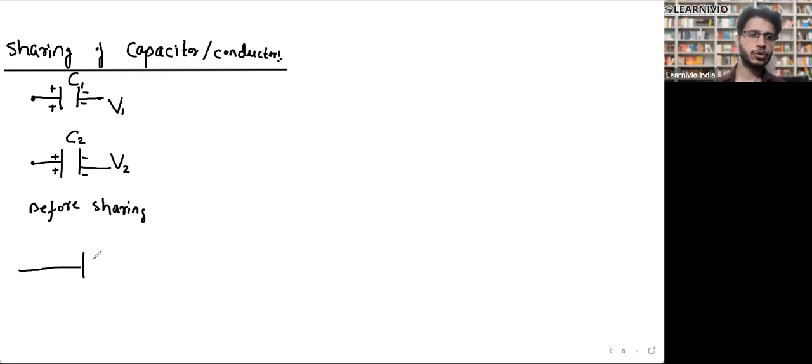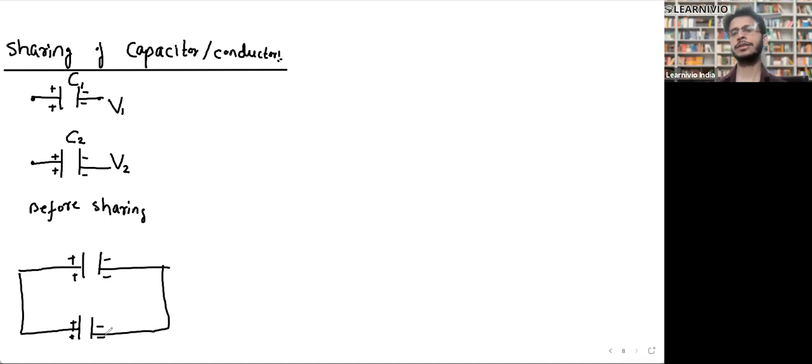Then you connect these two capacitors. When you connect two capacitors, charge flows from the capacitor at higher potential to the one at lower potential until they acquire the same potential. This is C1, this is C2. This is after sharing.